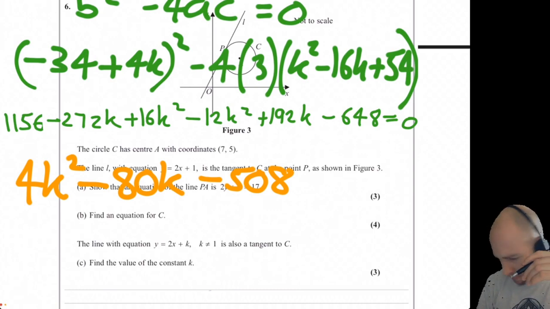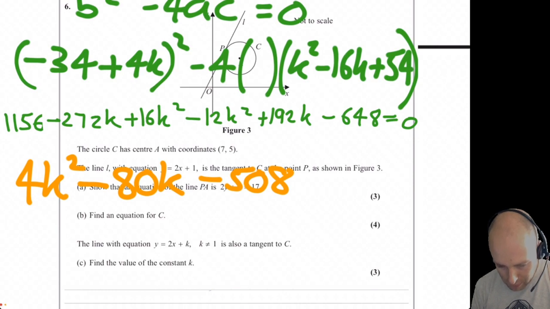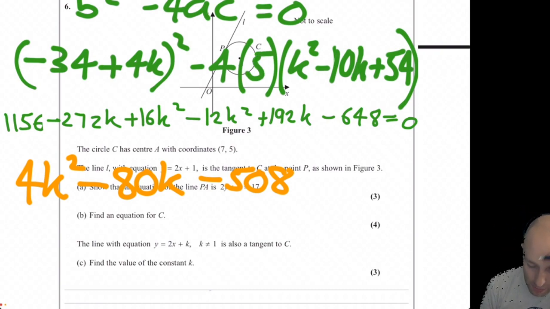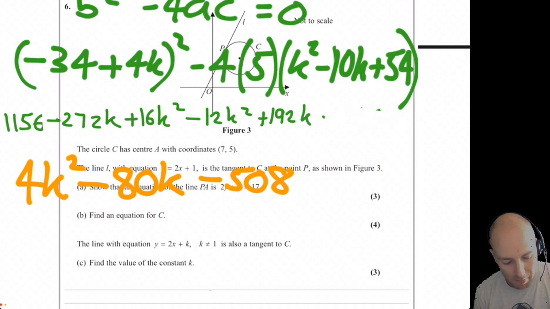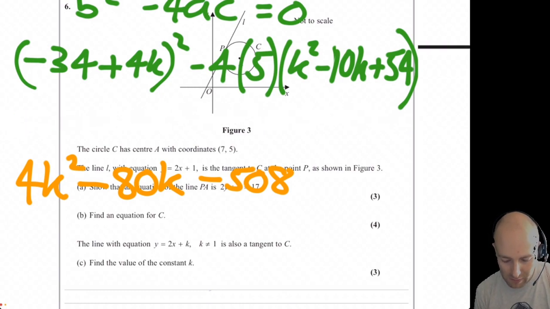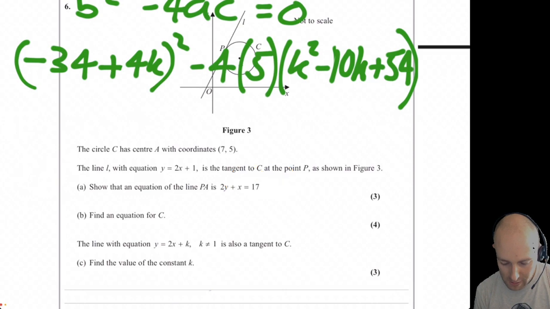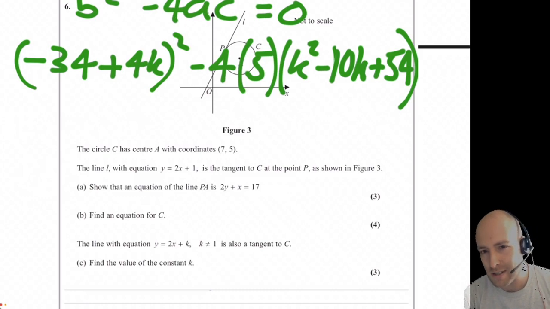Interestingly, for some reason, you guys are going to have to check this through because I've made a sign error somewhere. This should be 10k, and this should be a 5. It must have been way back when I expanded that equation. Oh well, so let's go from there. I got 3 instead of a 5. Something stupid like that. Anyway, have a look through. It's a minor detail. The method is what you came here for.